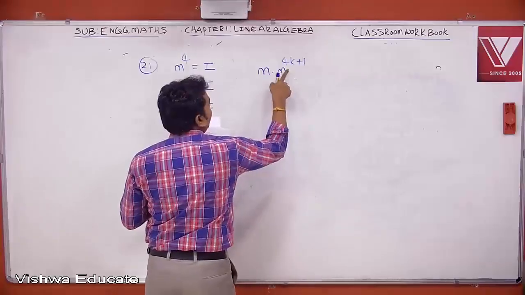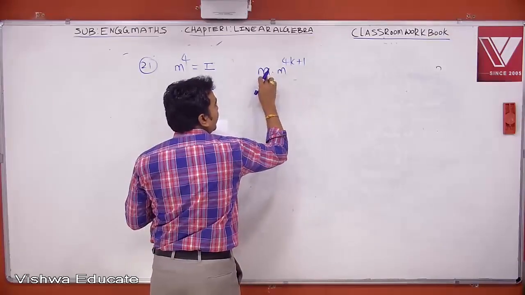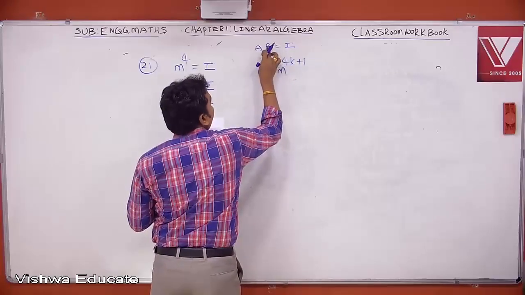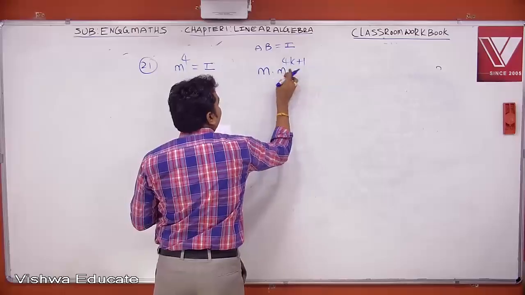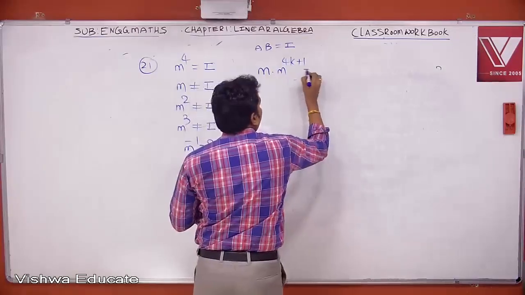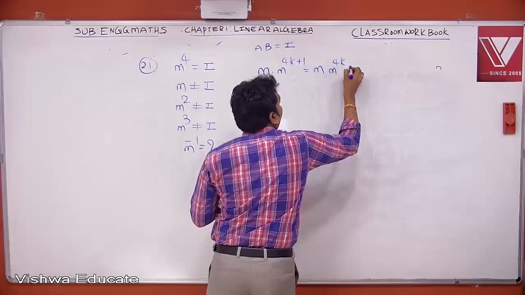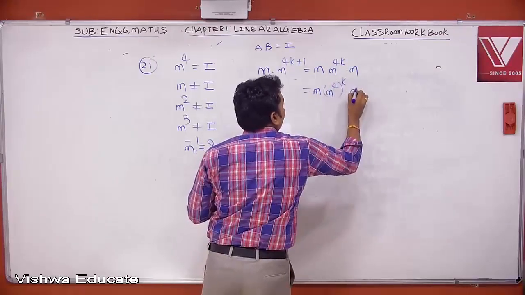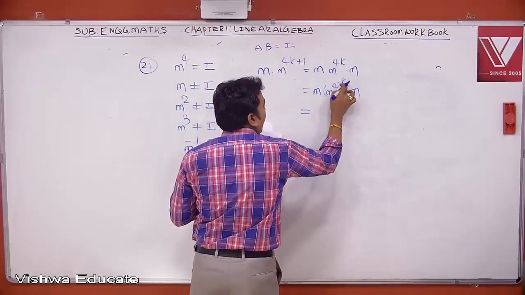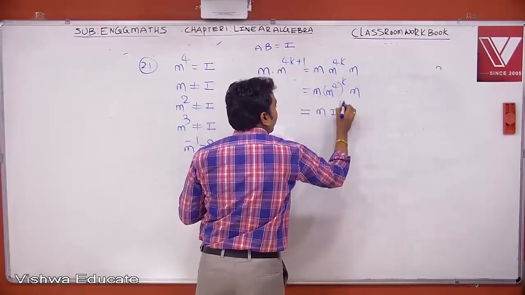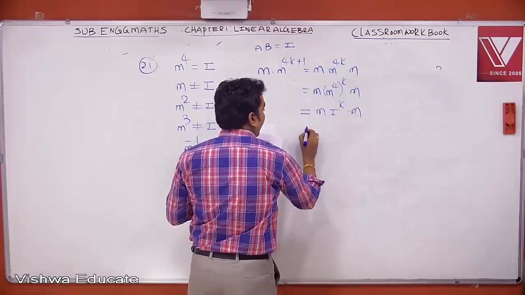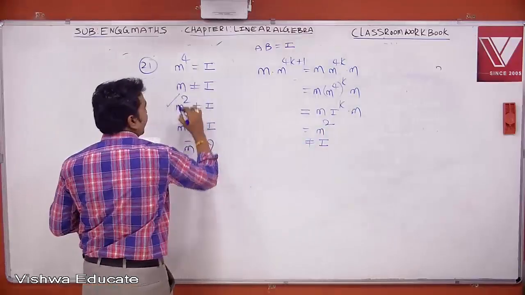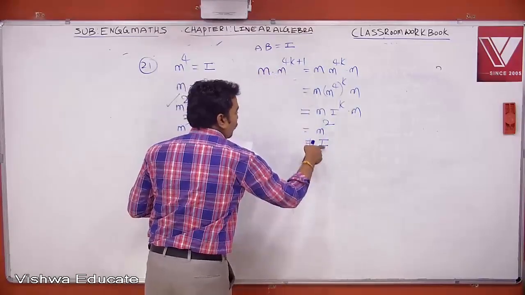If I multiply first option with M and get I, this could be the right answer, because I am following the definition of invertible matrix: AB equal to I. If AB equal to I, then B is inverse of A. So multiply option A with M. This is M into M power 4k into M, which is M into M power 4 whole power k into M. But M power 4 is I, I power k is I, M into I is M. So this is M square but not equal to I. It is given that M square is not equal to I. Therefore, when you multiply M with first option, we are not getting I.